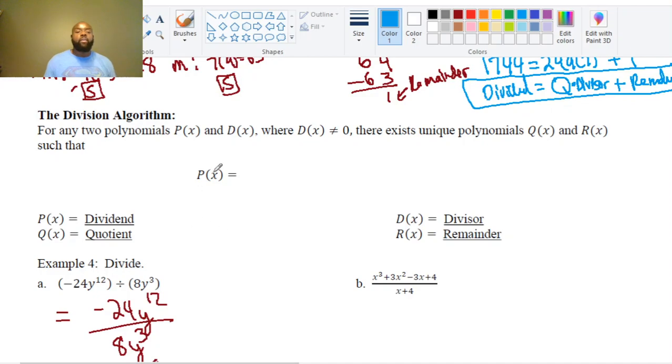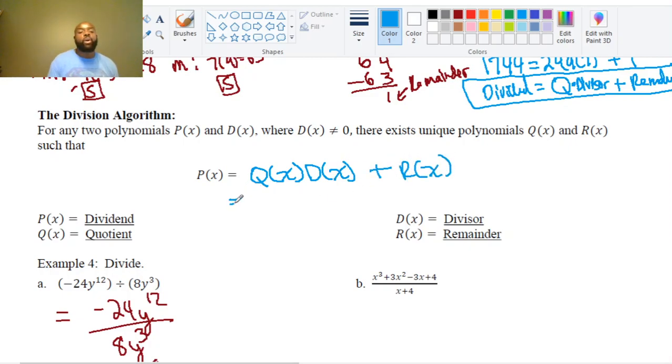For any two polynomials, P of x and D of x, where D of x does not equal 0, remember, your D of x is your divisor, we don't want to divide by 0, so that's why we have this statement here. There exist unique polynomials Q of x and R of x such that we can rewrite P of x as Q of x times D of x plus R of x.